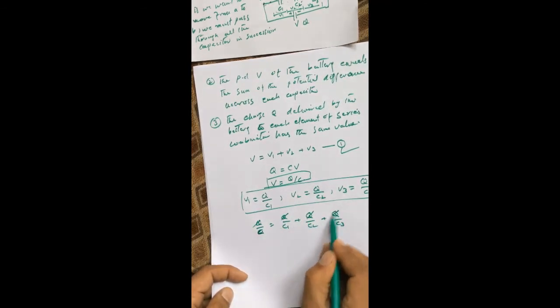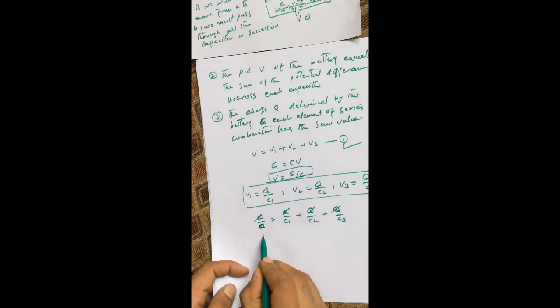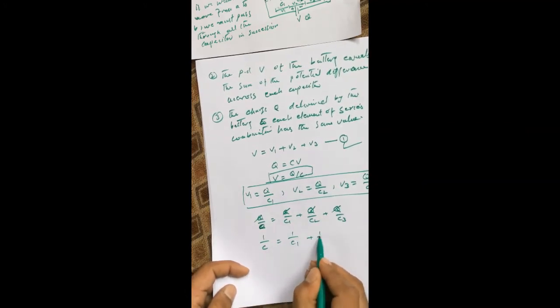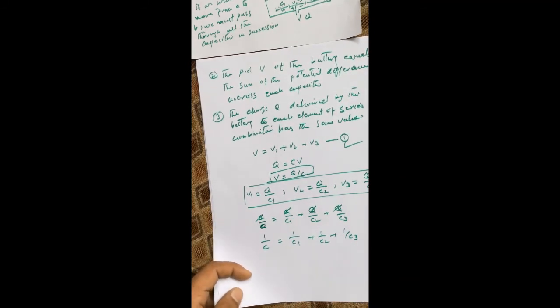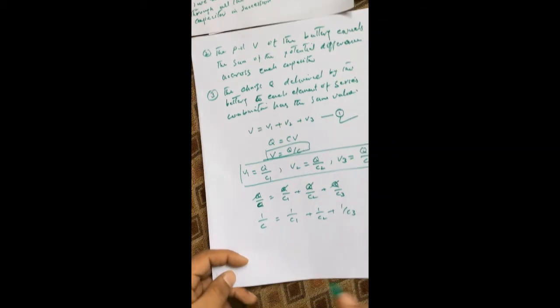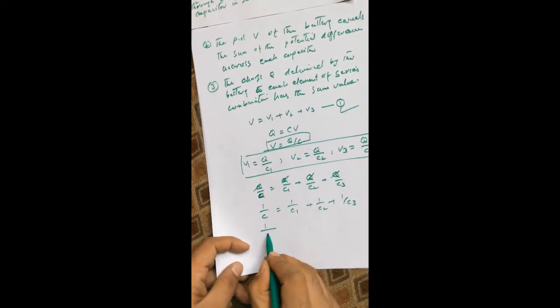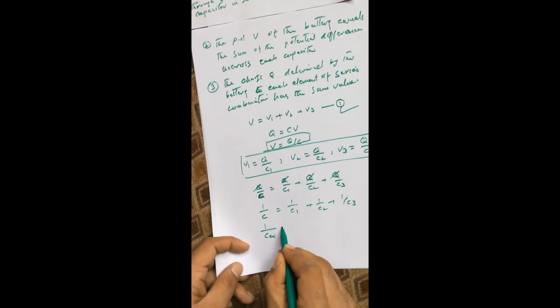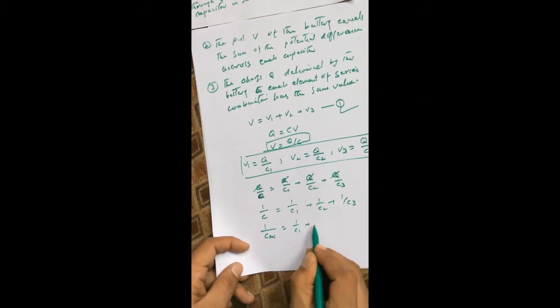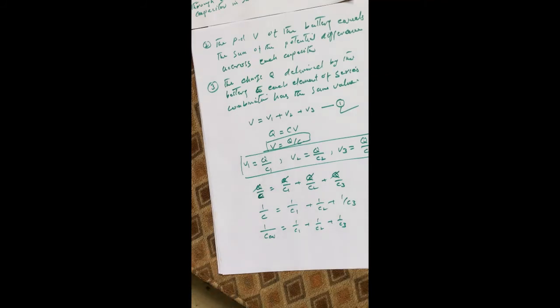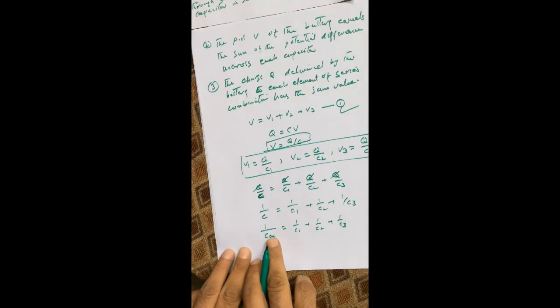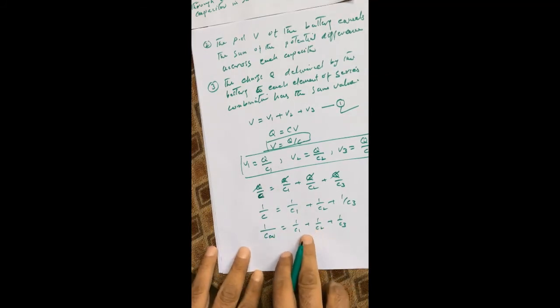Now Q cancels on both sides, so we have 1 over C is equal to 1 over C1 plus 1 over C2 plus 1 over C3. I can say that the equivalent capacitance is given by 1 over C equivalent equals 1 over C1 plus 1 over C2 plus 1 over C3. This is the equivalent capacitance of three capacitors connected in series.